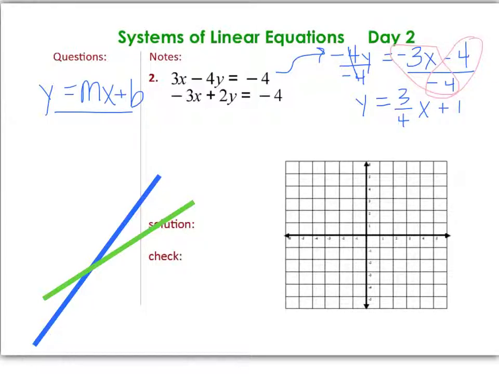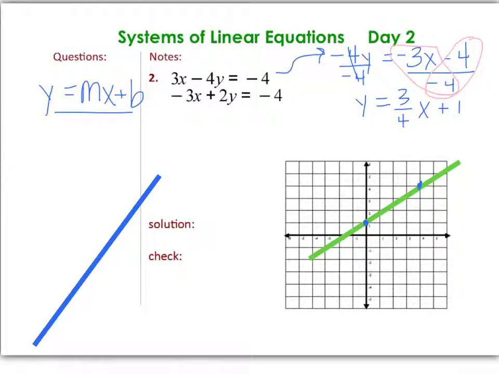So I come over to my graph. I begin at that b, or positive 1. I rise 3 and I run 4. When I connect those with my line, there we go. That green line represents that equation.